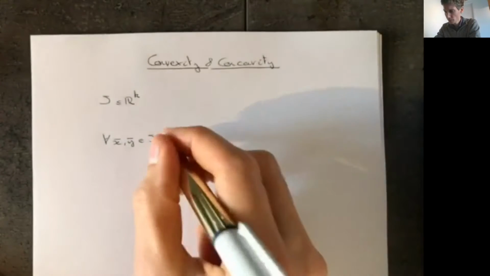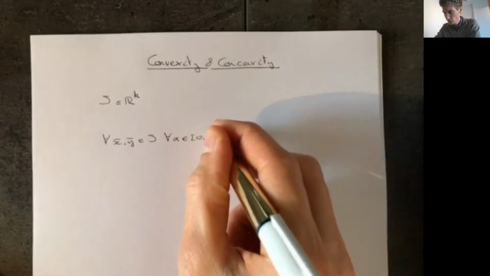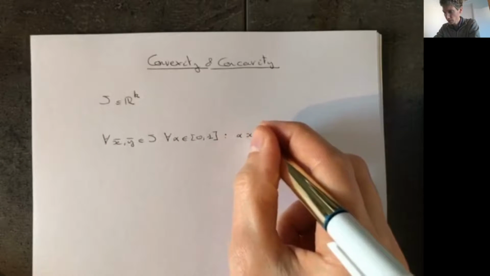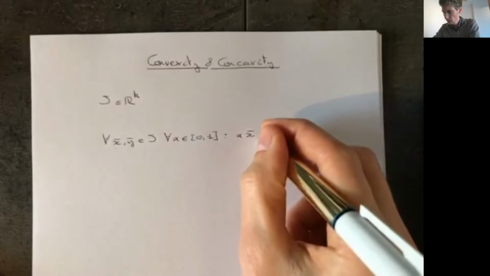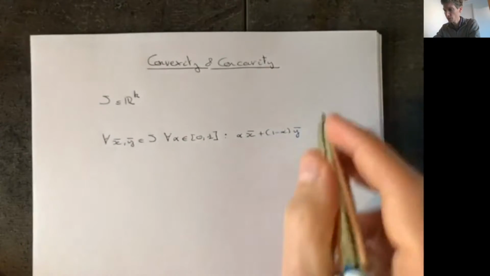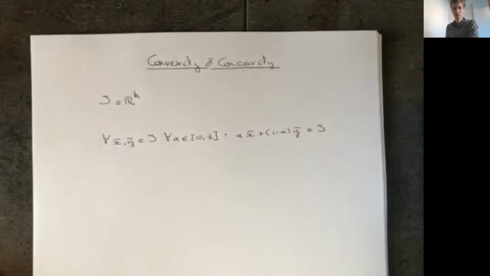Let's take a set S, which is a subset of vectors, so it's a subset of R^k, and we're going to say that the set is convex if for any two vectors, let's call them x and y, in the set, and for every number alpha between 0 and 1, so alpha is in the interval [0, 1], if we take alpha times x, where x is the first vector, plus 1 minus alpha times y, then this new vector, alpha x plus 1 minus alpha times y, is also in the set S.